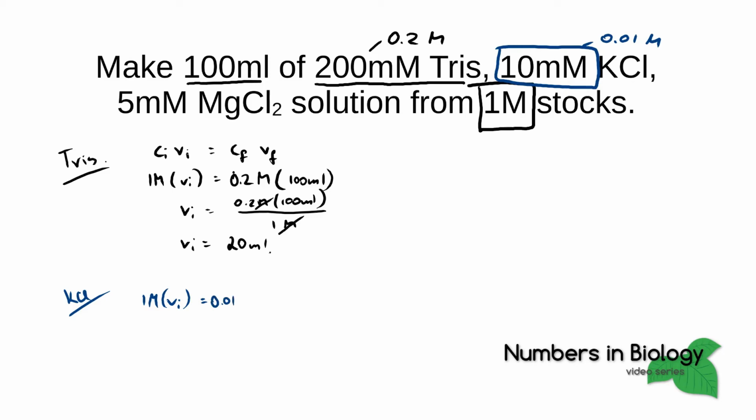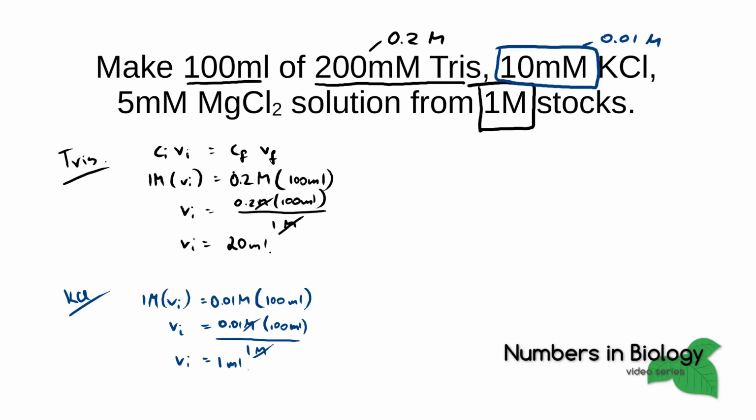So 0.01 molar, and the final volume is still 100 milliliters. That's what you are making in one beaker. So solve for VI, 0.01 molar times 100 milliliters divided by 1 molar. Again, the moles per liter cancel out, and your VI is 1 milliliter.